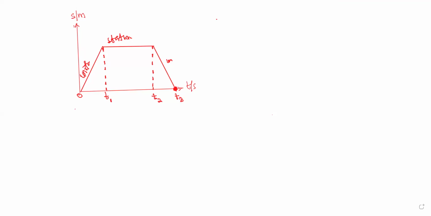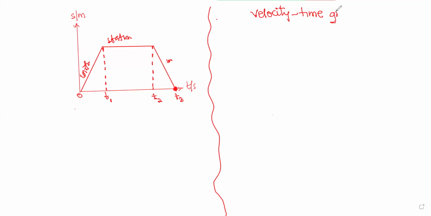Under the velocity time graph, we are plotting the velocity or the speed against time.